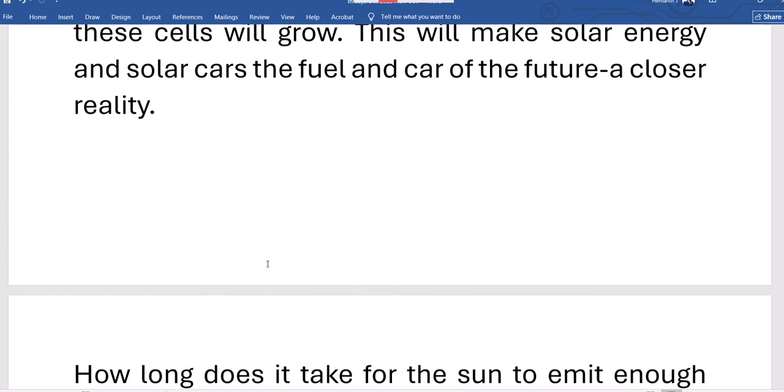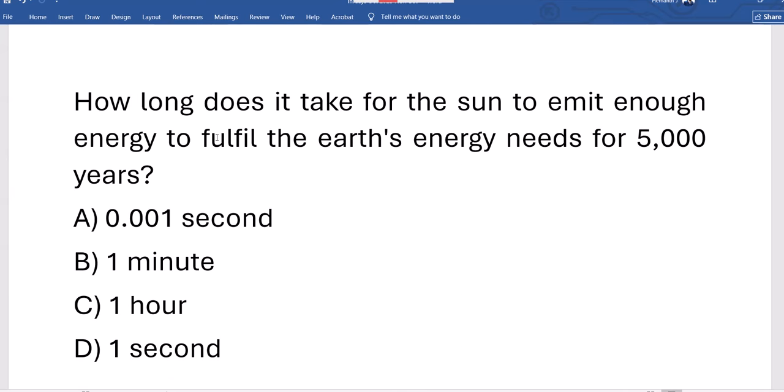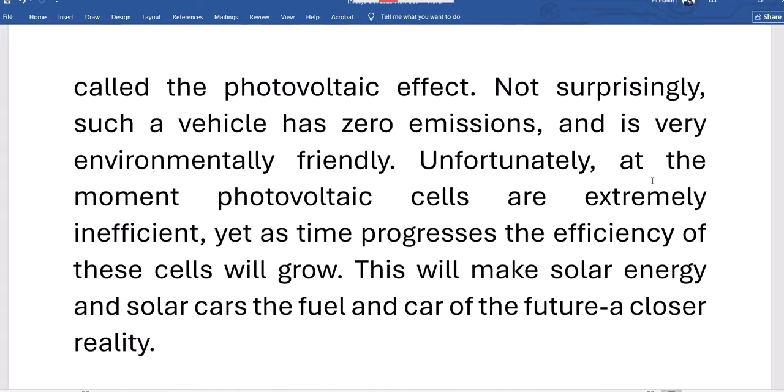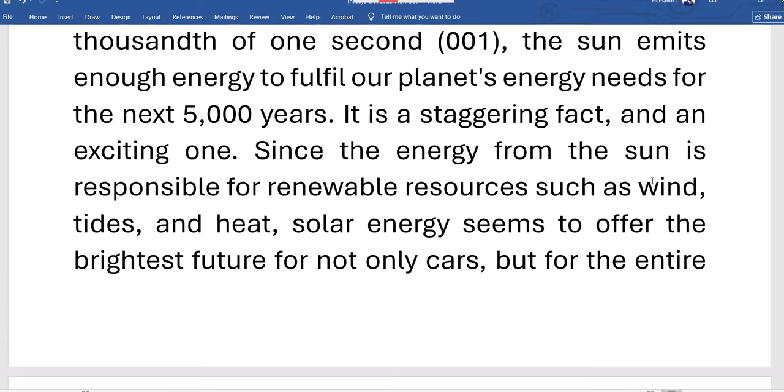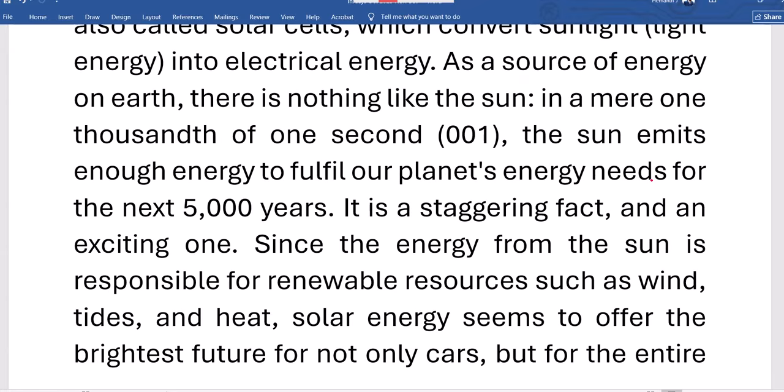But here, the question related to this passage is: how long does it take for the sun to emit enough energy to fulfil the Earth's energy need for 5,000 years? So 5,000 years is given clearly. I'm going for the line where that 5,000 years is available. Here they have given 0.001 seconds, so I can go for that.